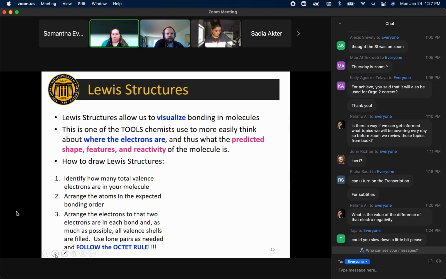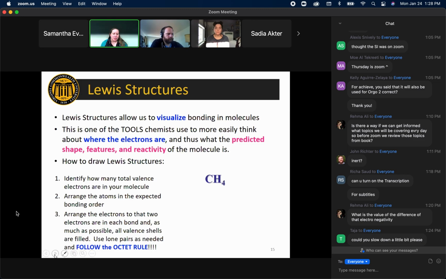We'll start by putting single bonds between all of the atoms, because it's a molecule, so we have to have bonds to keep it together. Whatever electrons we have left over, we'll either put in as lone pairs associated with just one atom, or as multiple bonds, so a double bond or a triple bond.